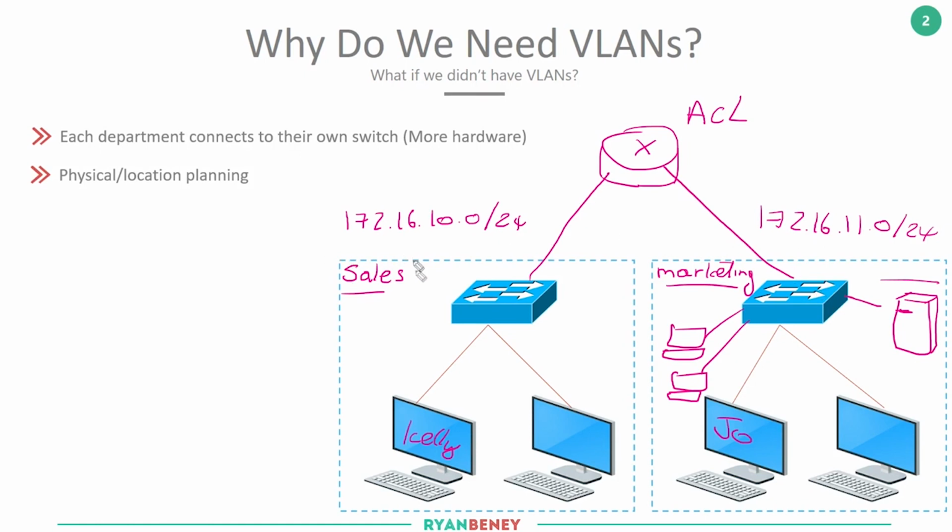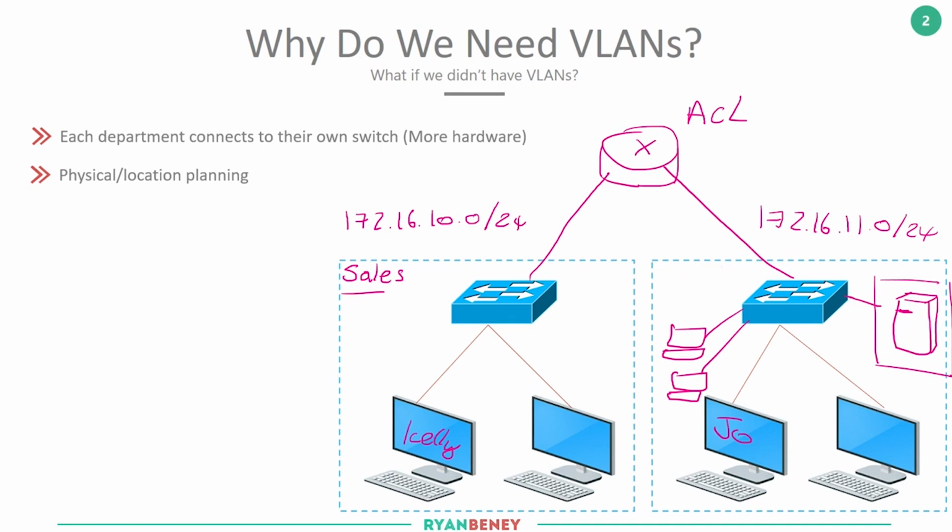So this would prevent sales from looking at the marketing files, for example. And that may not be an issue here, but let's say this was the HR department. All of a sudden, we don't want other departments to be able to actually access those files that are located inside a different network.